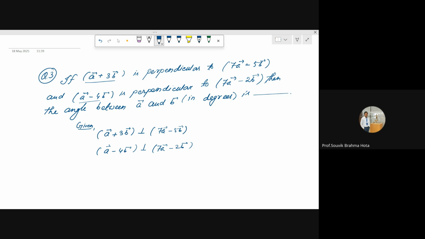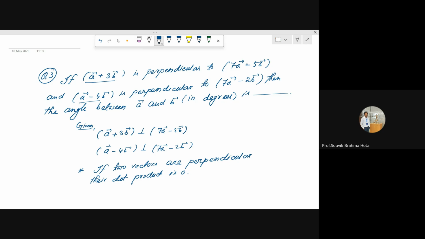Now there is a concept you must know for solving this type of problem. Concept one: if two vectors are perpendicular, their dot product is 0.